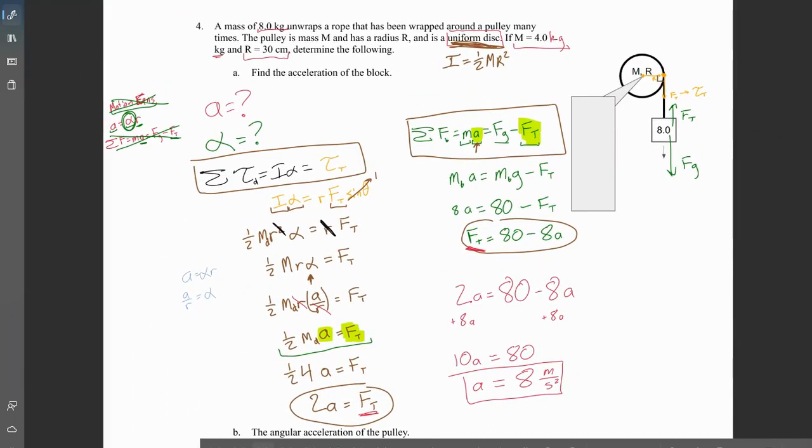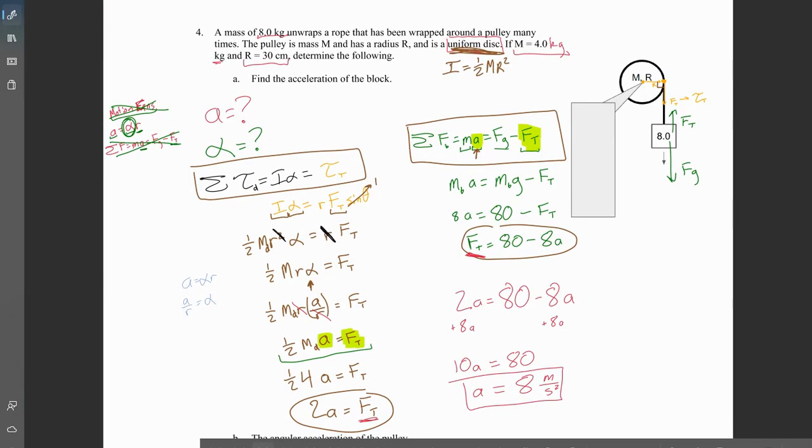Okay, complicated portion of the problem. We had to think through what could we use and how could we get there. And then when we ran into a situation where we have two unknowns, how can we get those still? Well, we come up with another equation. We have two equations, two unknowns. This is a hard problem.